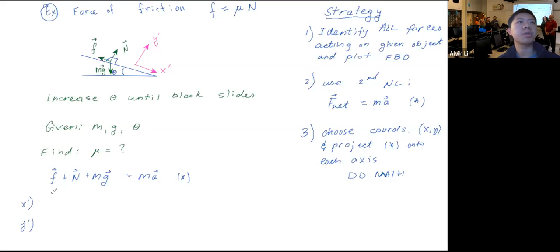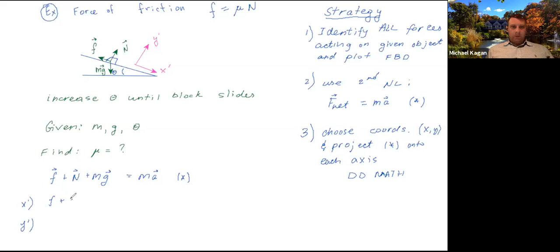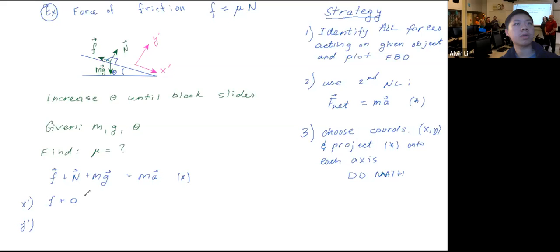So the block isn't moving. So then F, the frictional force, plus mg times sine of theta. Okay, normal force, I'm going to put a 0, right? Just for the sake of bookkeeping. Now, mg, well, how does that project? Mg sine theta.